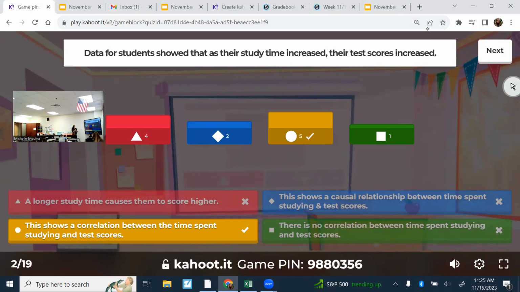Even if it said it causes them to score higher on the test, there's still something wrong with it. So what is wrong? Why can't they say that the study time causes them to score higher?